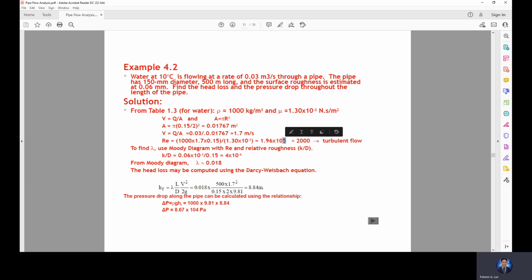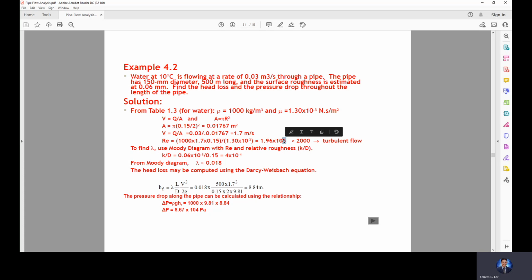We have the Reynolds number, which is equal to 1.96 times 10 to the power of 5. Then k over D: we have k as 0.06 millimeter, times 10 to the negative 3 to convert to meters. So the value of our k over D is 4 times 10 to the negative 4.